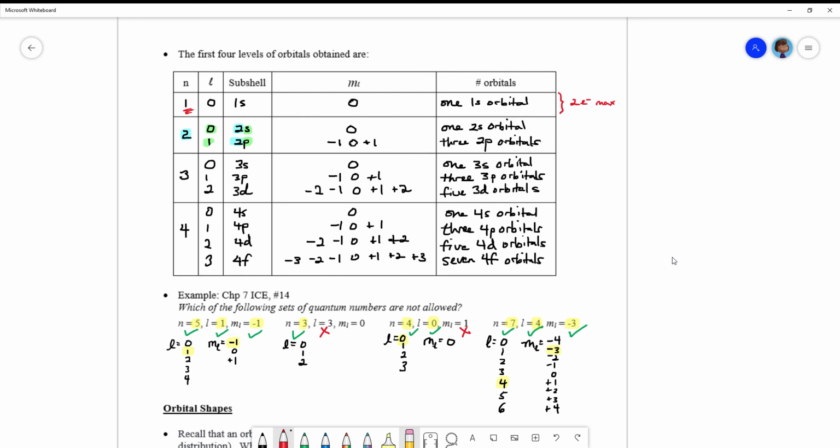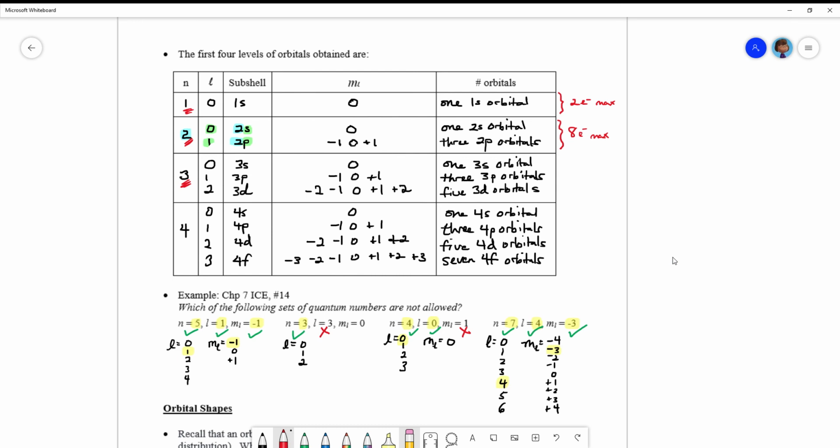Now, in n equals 2, we got one 2s orbital and three 2p orbitals. 1 plus 3, that's 4 orbitals. So if we have 4 orbitals in n equals 2, and each of those orbitals can hold up to 2 electrons, that means the maximum number of electrons in n equals 2 must be 8 electrons. In n equals 3, we have one 3s orbital, three 3p orbitals, 5 3d orbitals, 1 plus 3 plus 5.